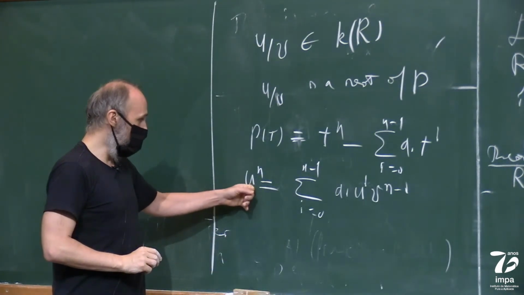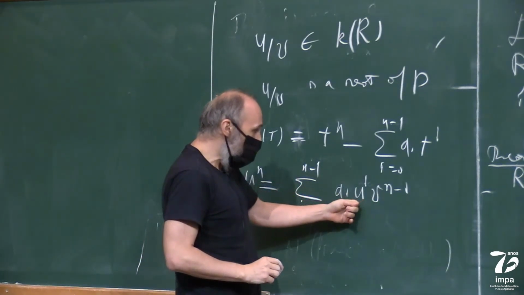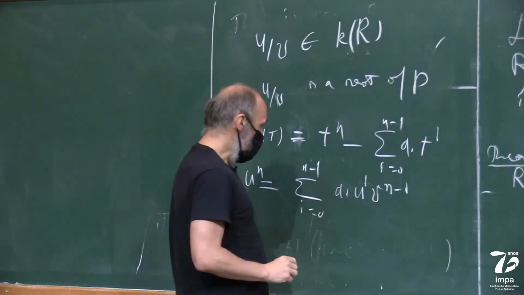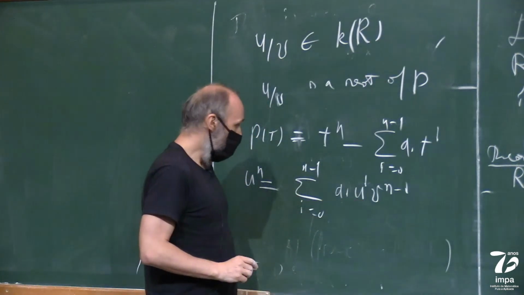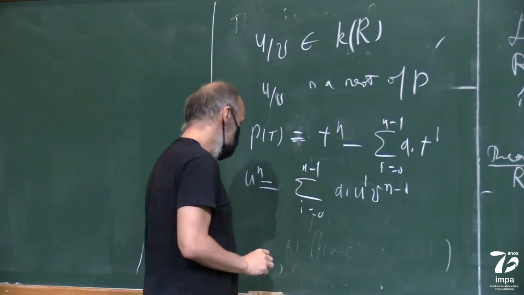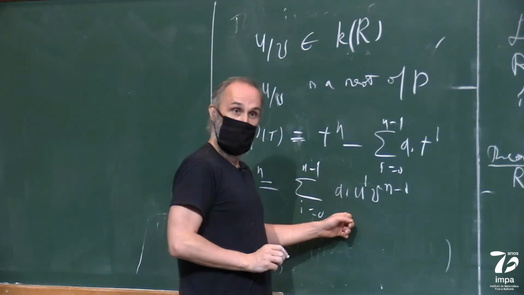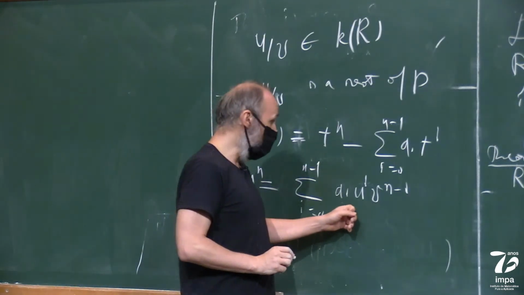This is divisible by v. They are coprime, so this is impossible, because u^n is not divisible by v.